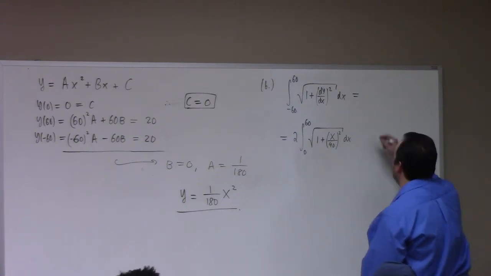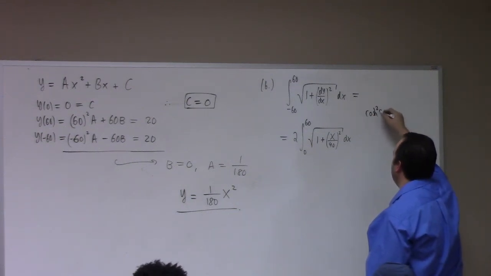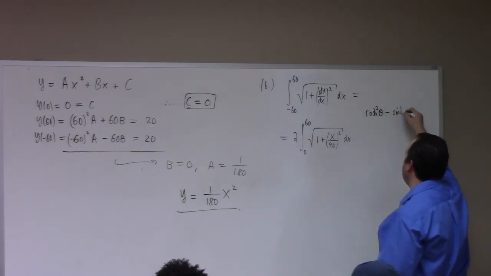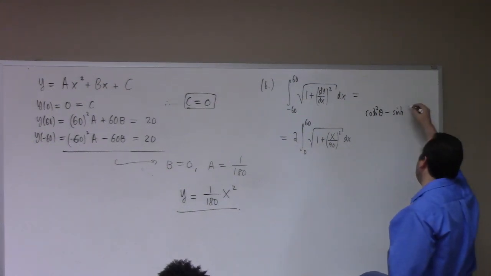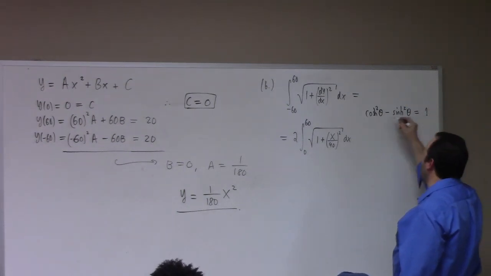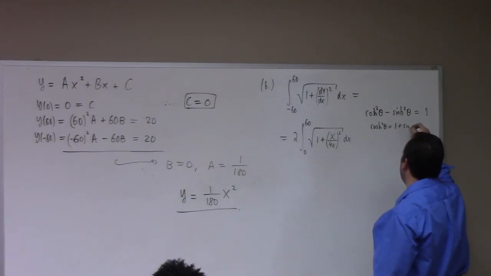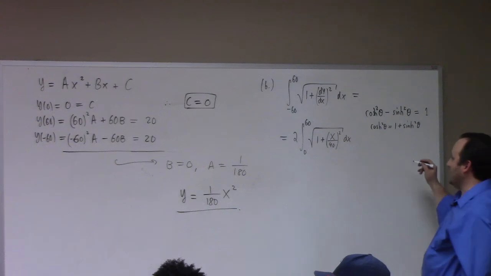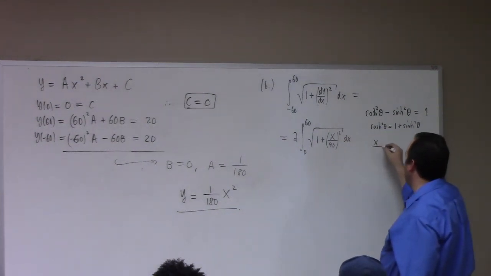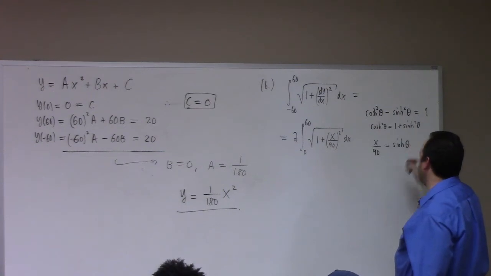How about, we remember u substitution doesn't work because you get an extra x which you don't have. So cosh squared theta minus sinh squared theta is 1. So cosh squared theta is 1 plus sinh squared theta, which makes me suggest that we should put x over 90 equal to the hyperbolic sine of theta.